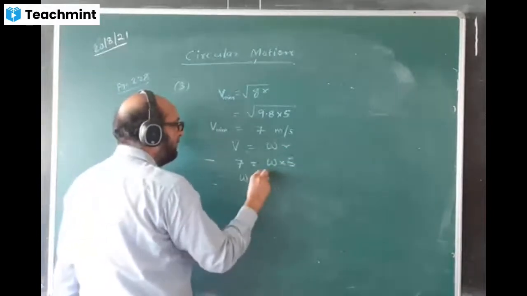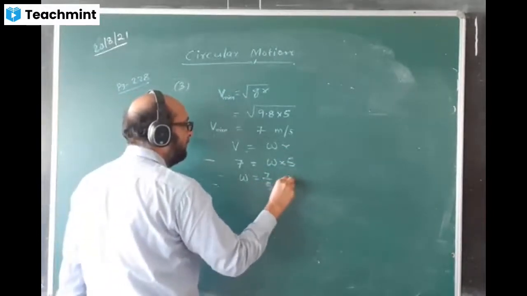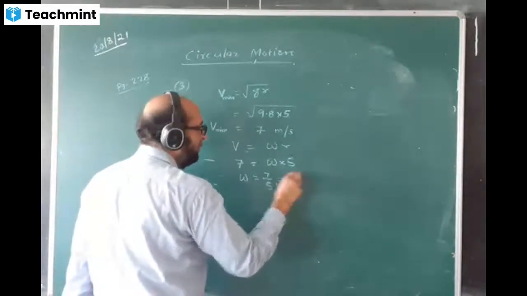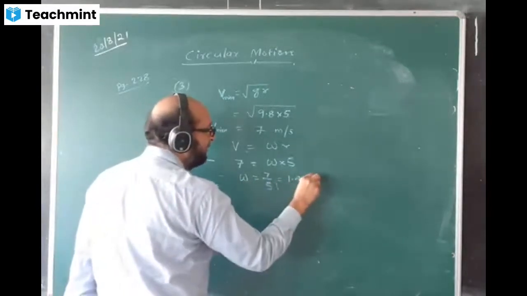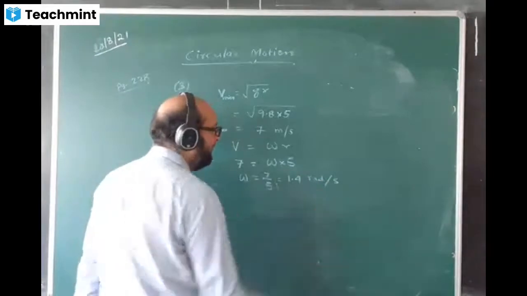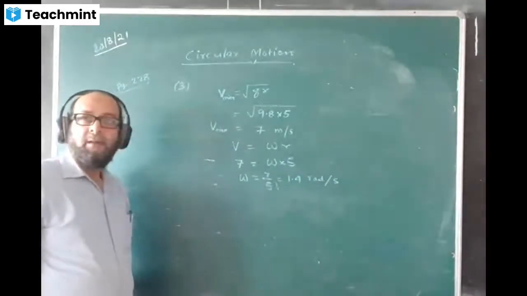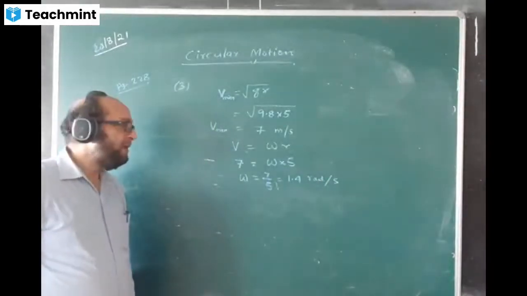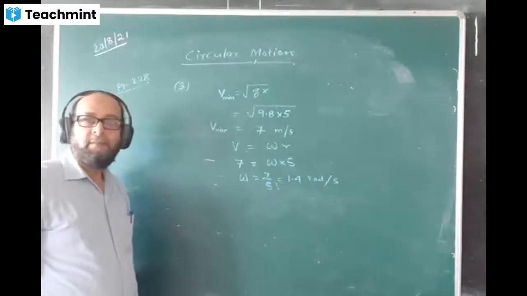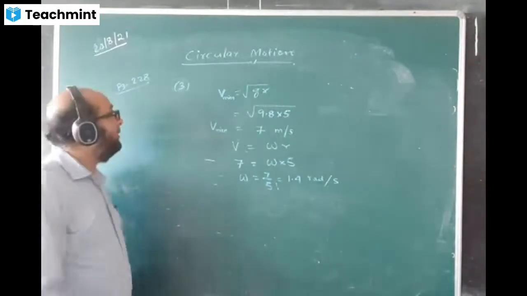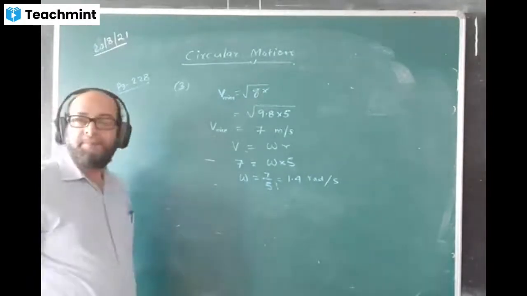Therefore, the omega value will come 7 by 5, that is 1.4. The unit of omega will be radian per second. The unit of angular velocity omega is radian per second. This is the answer for question number 3.